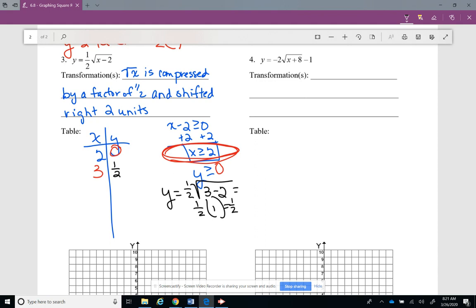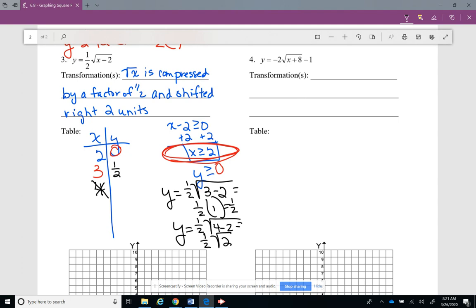What's the number that's greater than or equal to 2? 4. All right, so we're going to try 4. So y equals 1/2 the square root of 4 minus 2. 4 minus 2 is 2. And if I multiply the square root of 2 times 1/2, that's not going to be very pretty. So I'm not going to use 4.